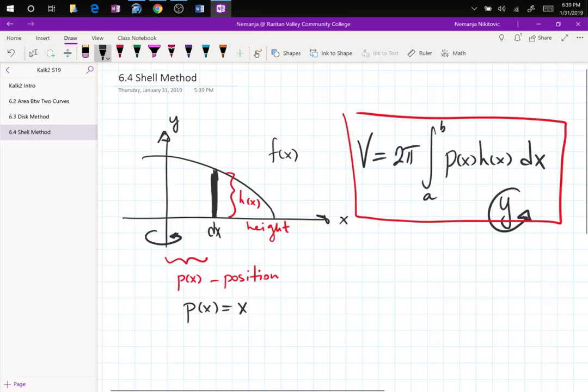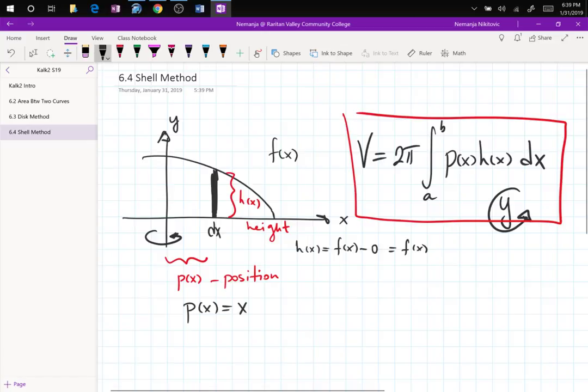And my height, h of x, is simply equal to f of x, because the bottom is 0. So it's actually f of x minus 0, which is just equal to f of x.